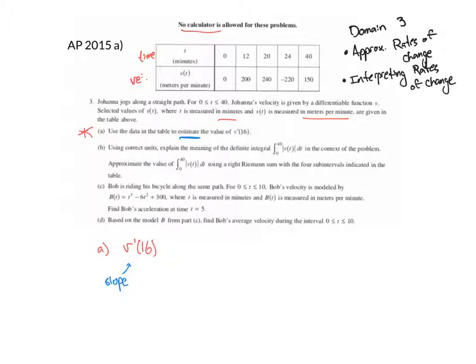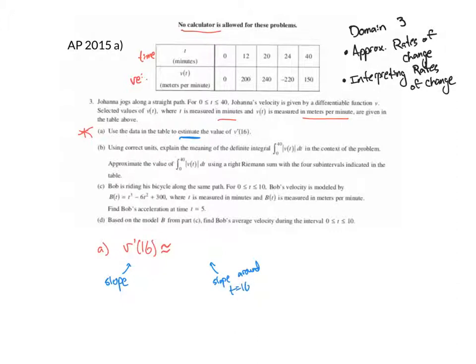What we're going to do is estimate this value by using the table. We're going to estimate the slope at 16 by looking at the slope between 2 points around t equals 16. And here's how we do that.